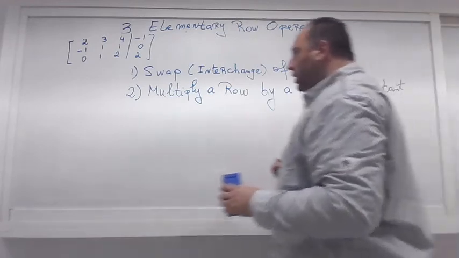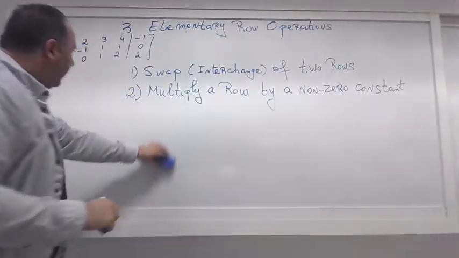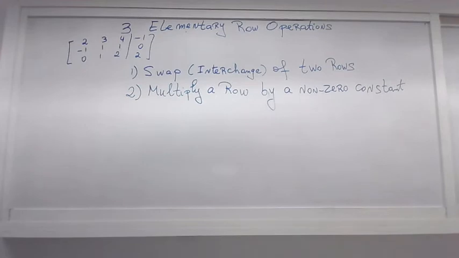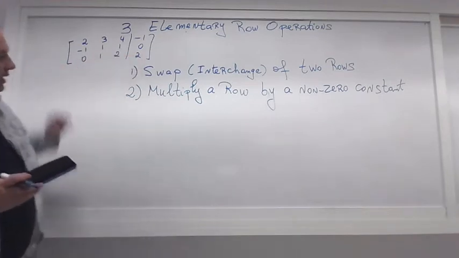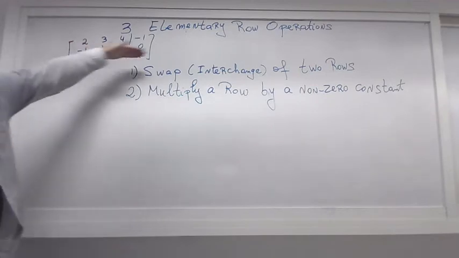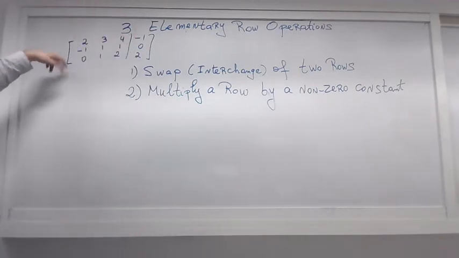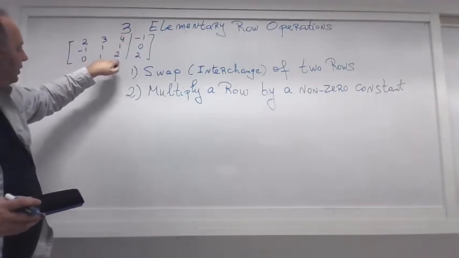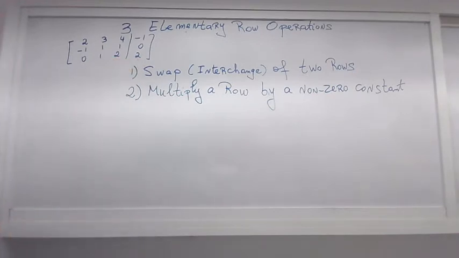I can choose any number I like except 0, and I can multiply any row I like by that number. So I multiply all the coefficients on both sides of the bar. If I choose row 3 to multiply by 7, I will multiply this by 7, this by 7, this by 7, this one by 7. And that will not change the solution set. That's beautiful.